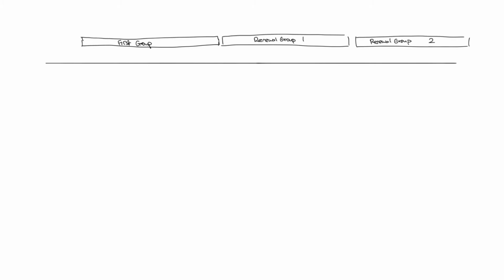I've left a bit of a gap just so we know that they're renewals, but let's assume there's actually no time between these contracts; they renew straight away. What paragraphs 28A and B35A are talking about is that in this very first group, the insurer would have spent money to acquire this business.